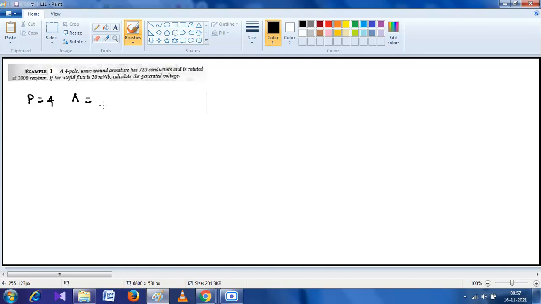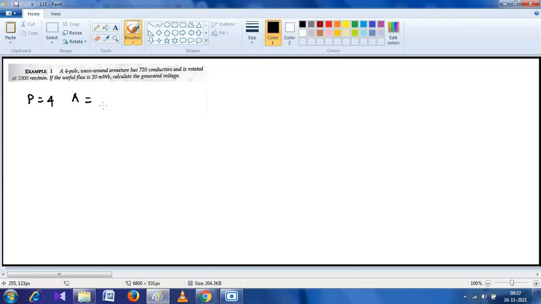In our problem it is a 4-pole wave wound armature. Based on the number of parallel paths we have, there are two types of armature. One is wave wound, another is lap wound.